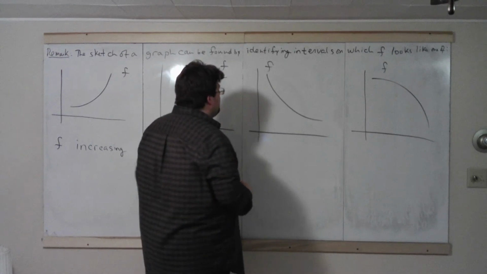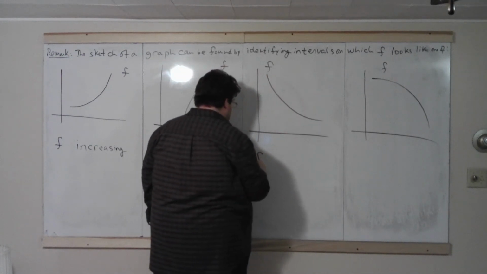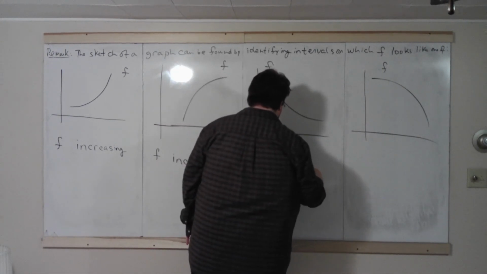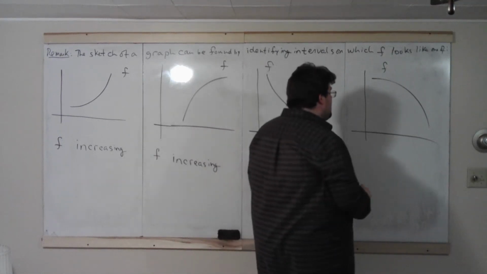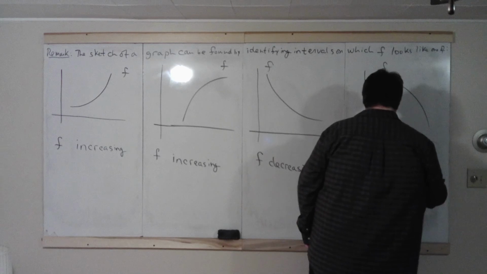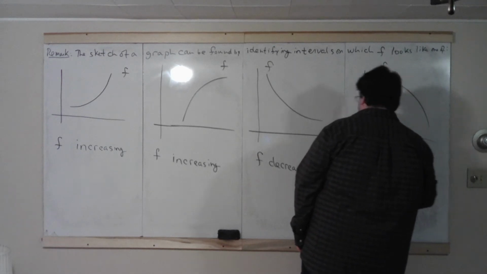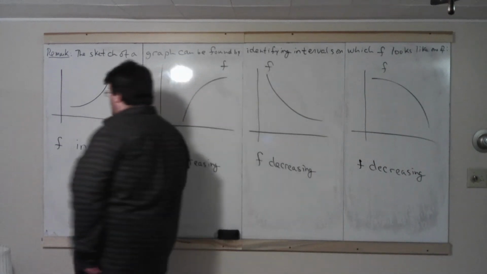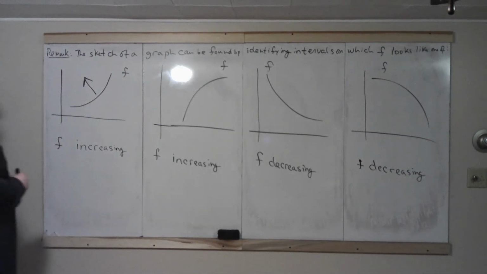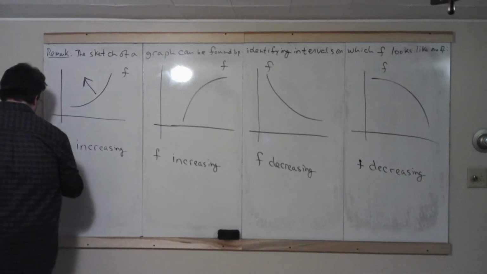What about here, in the third one? Here, it's going down. F is decreasing. What about here? Well, f is also going down. So f is decreasing. What about concavity? Here, that's going up. F is concave up.